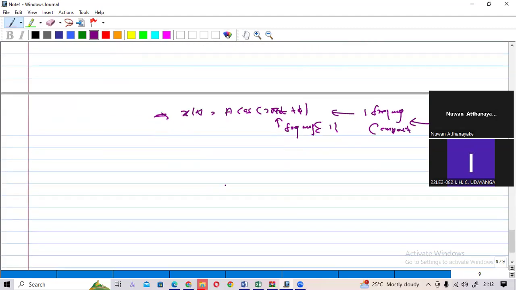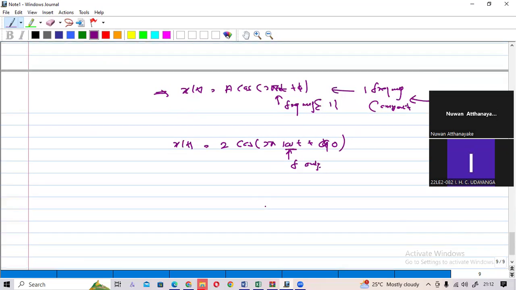If you consider again this one, 2 cos(2π 100 t + 90), what is the frequency of this signal? That is f, this one, 100. This is the only frequency. If you draw the voltage with respect to time, you will get this kind of waveform.